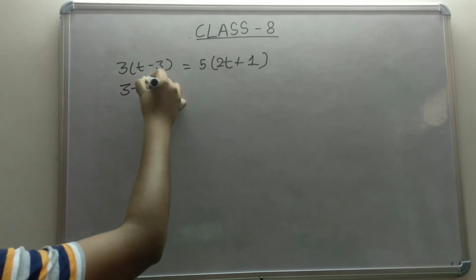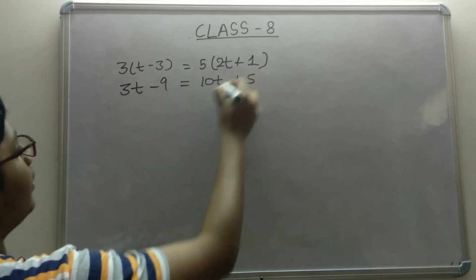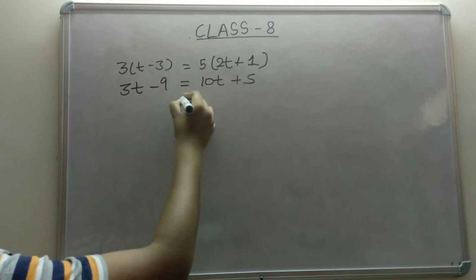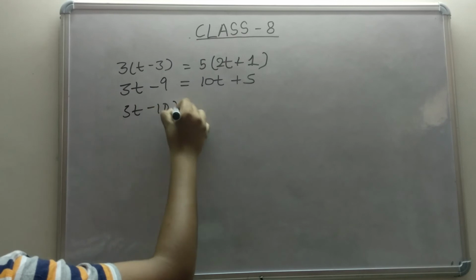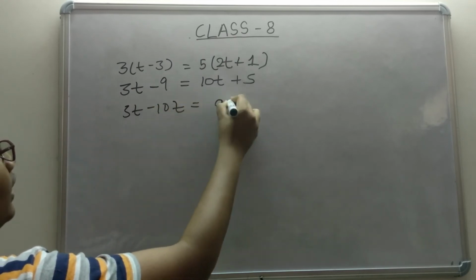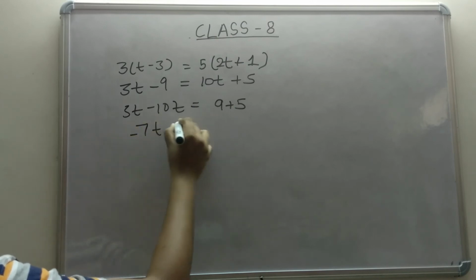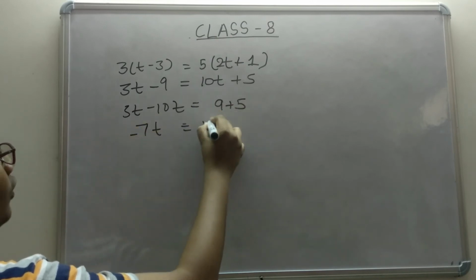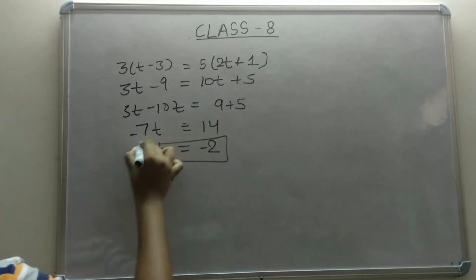First we will open the bracket. 3t minus 9 is equal to 10t plus 5. Taking t terms on the same side, 3t minus 10t is equal to 9 plus 5. So minus 7t is equal to 14. t is equal to minus 2. So you got t as minus 2.